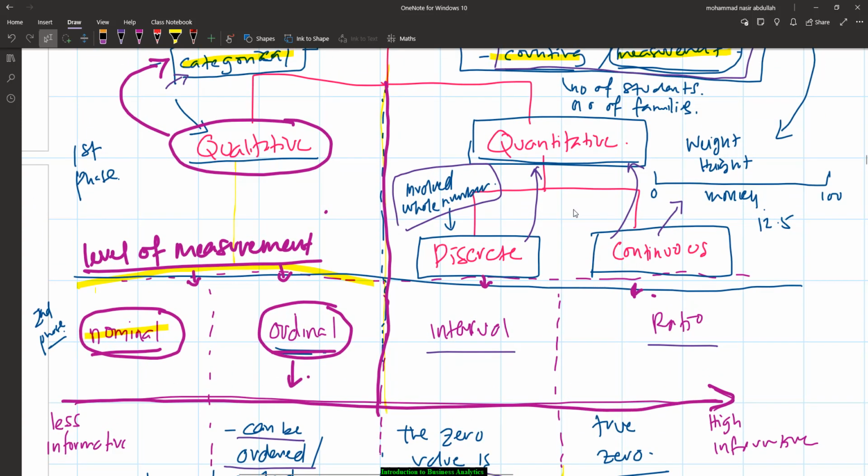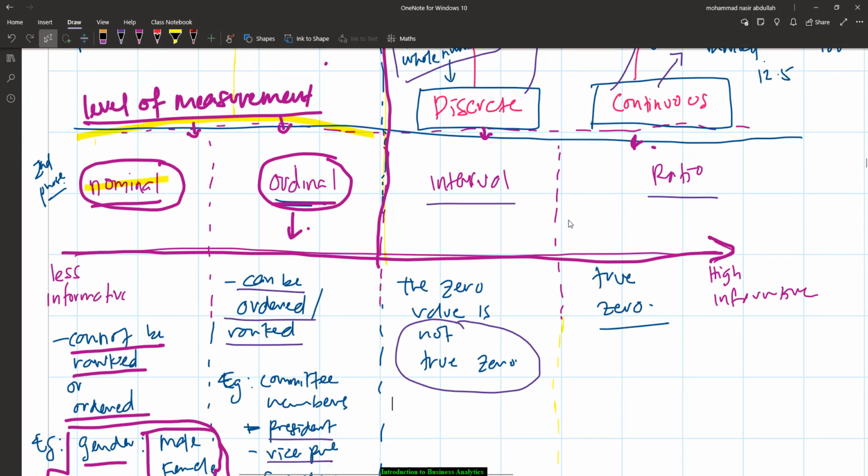Let's say you say height is 0, it means there is no height at all. Weight is 0 kilogram, it means there is no weight at all. For example. That is a true zero. Can you understand the difference between these two?